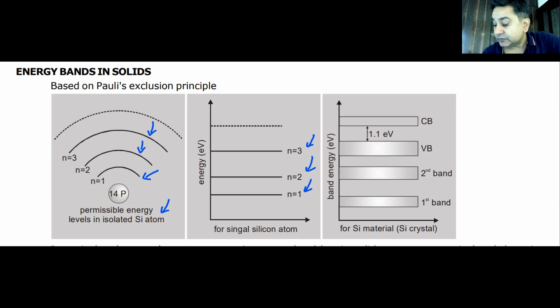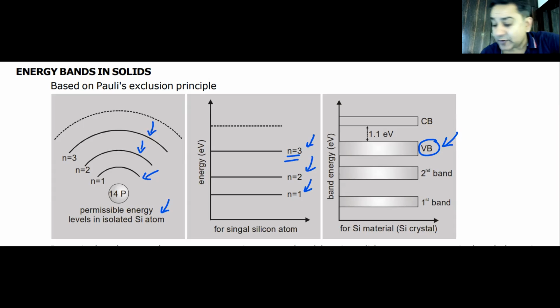Now, the last shell, n equal to 3, is known as the valence band. The last shell is the shell where you can add or remove electrons. That is known as the valence band. Do we know this? Yes, sir.